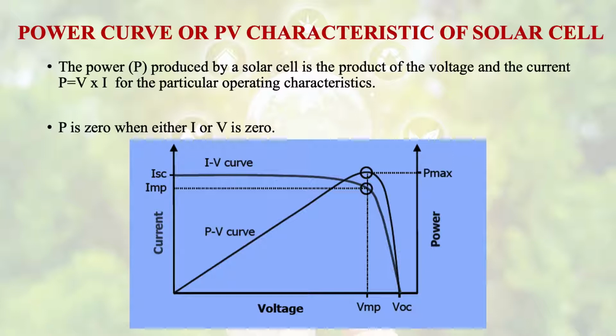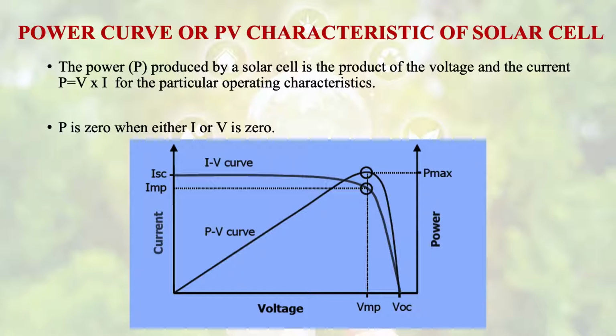Now the power curve, or PV characteristics, of the solar cell. Once you get the IV characteristics, that means you are getting the relation between the current and voltage. At the same time, you can get the relation for the power also. P is equal to V into I. So the power produced by a solar cell is the product of voltage and current for the particular operating condition.